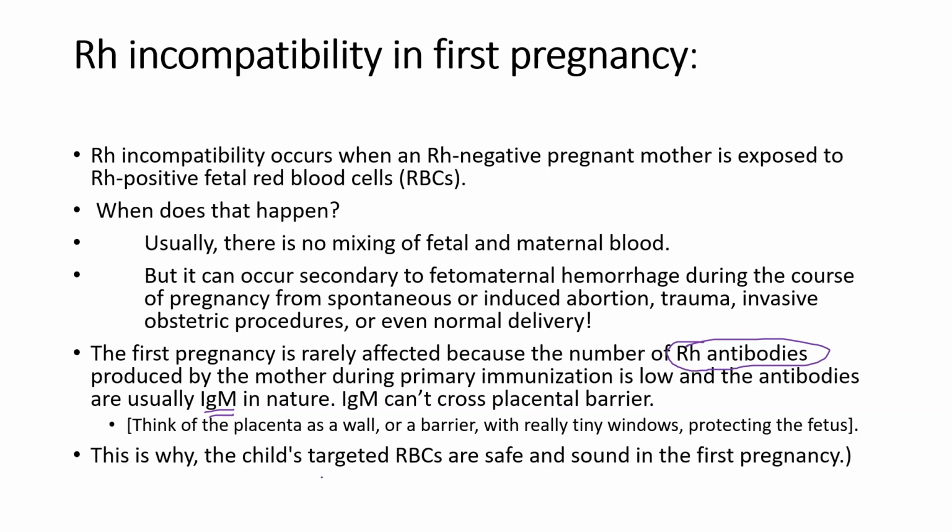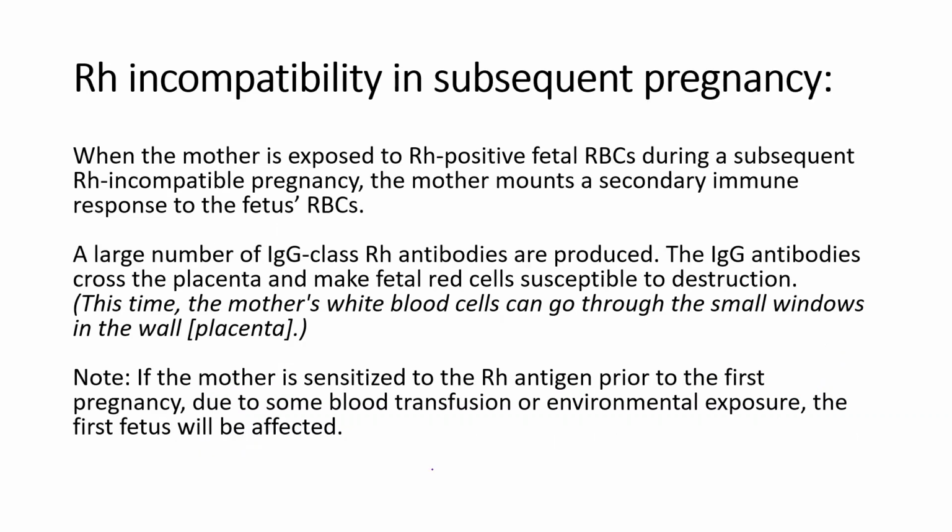This is why the first child doesn't have a problem, because mom isn't even making antibodies yet. So Rh incompatibility occurs in subsequent pregnancies after mom has been exposed. When the mother is exposed to that Rh positive baby during delivery, the mom now starts making Rh antibodies.